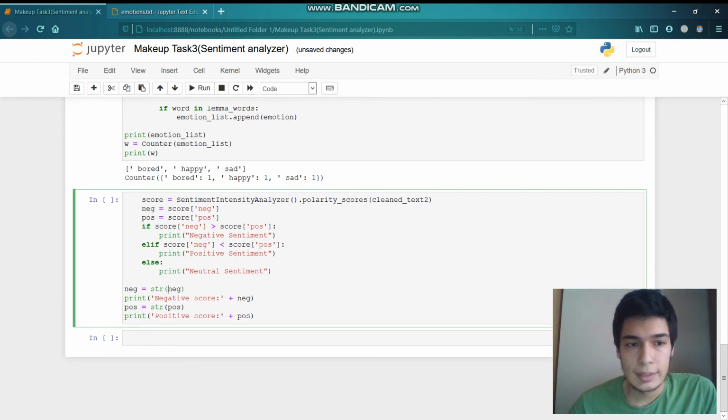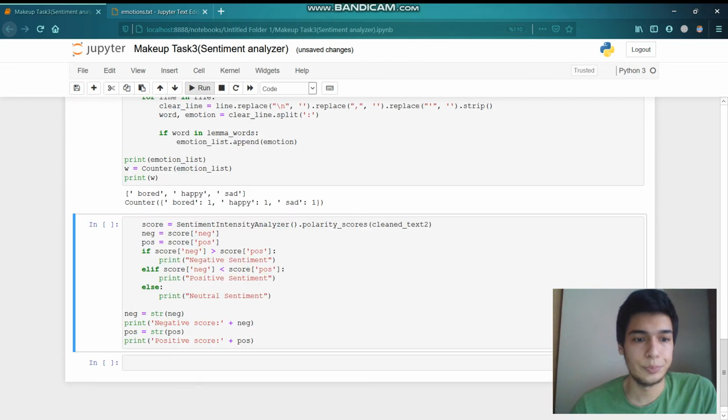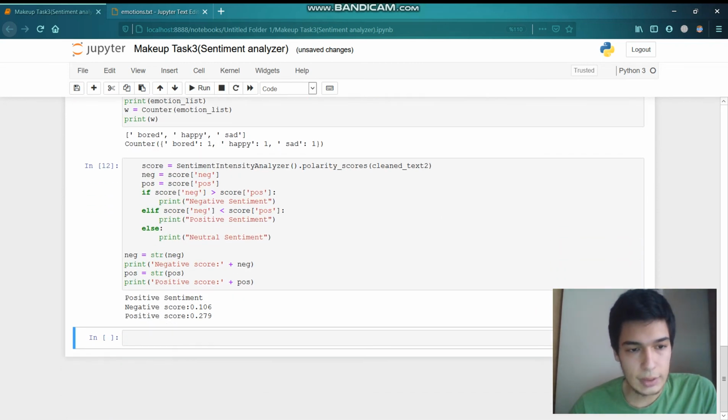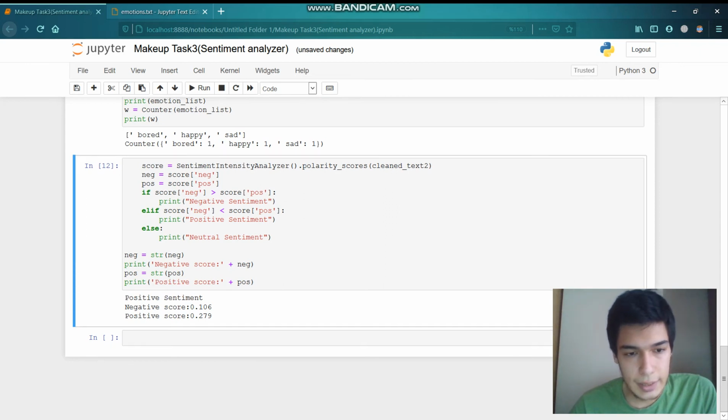So it will tell us if it's a negative sentiment or a positive sentiment by looking at those emotion words. And we can see this is a positive sentiment because it has a higher positive score than a negative score. And if those were equal, then this text would be a neutral sentiment.